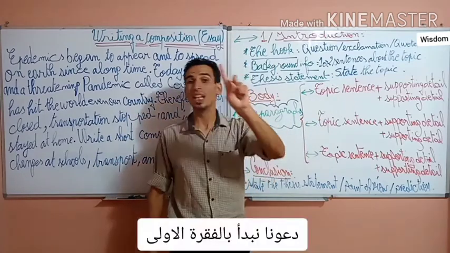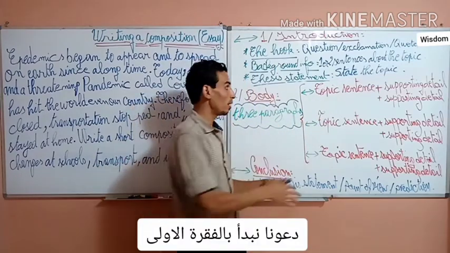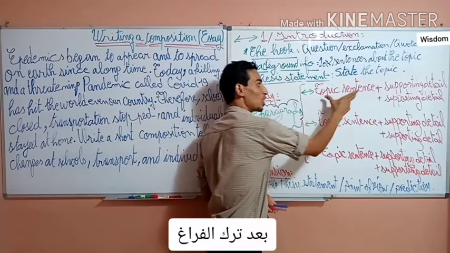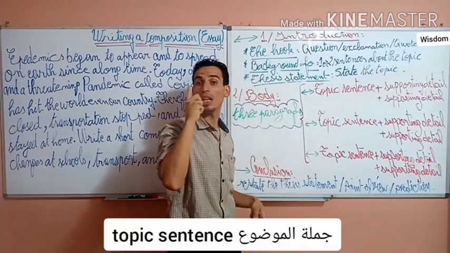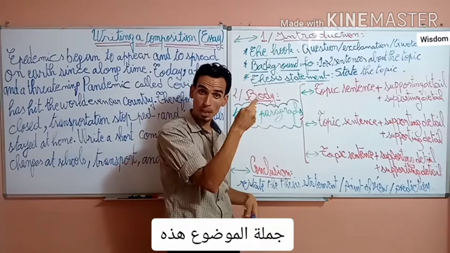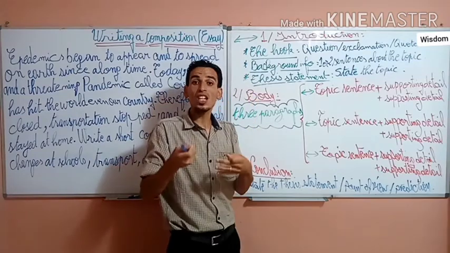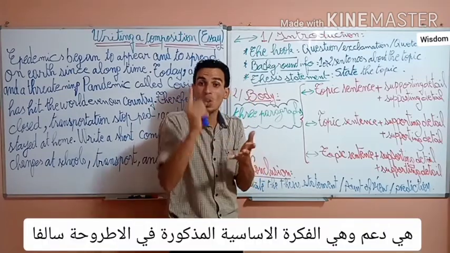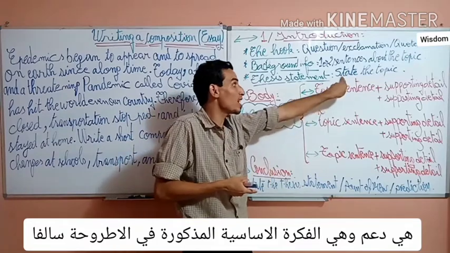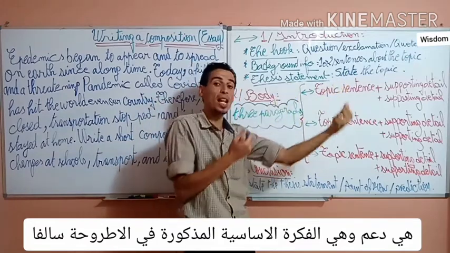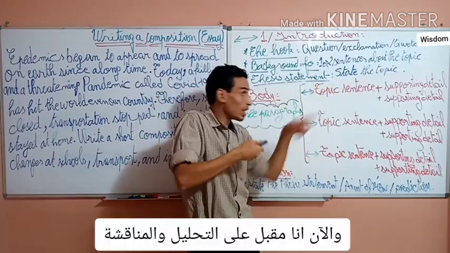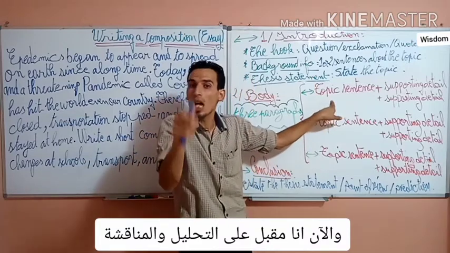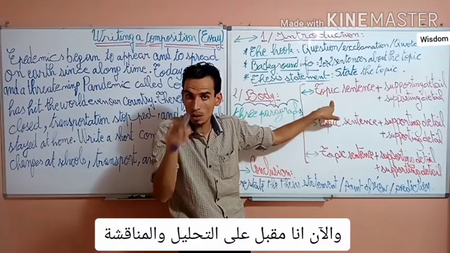Let's start with body paragraph number 1. After we leave the indentation, we need to write the topic sentence. This topic sentence is the main idea that is mentioned in the thesis statement before, and now I'm coming to analyze and discuss it.